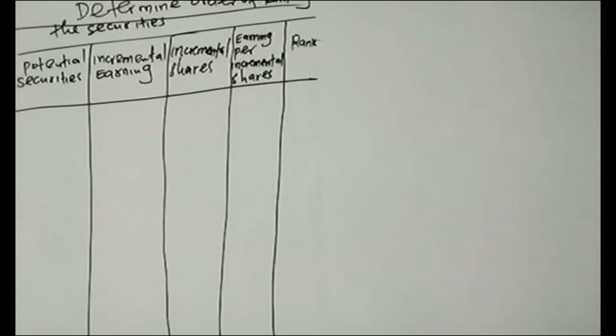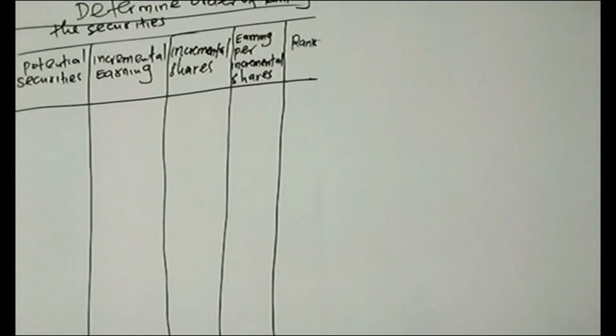That is why there will be an increase in earnings. Since this security will be converted to ordinary shares, there will also be an increase in the number of ordinary shares. That is why we have a column of incremental shares. That is the perspective from which you are supposed to view these two columns.